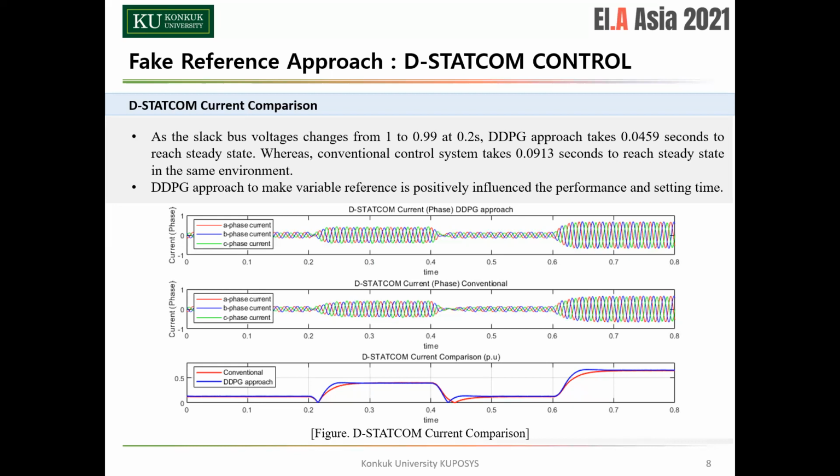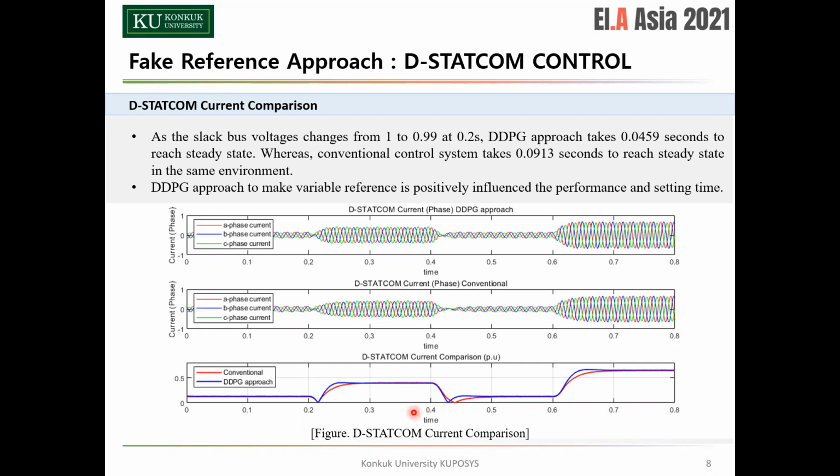This figure shows the current comparison between the DDPG approach and the conventional method. As the slack bus voltage changes from 1 to 0.99 at 0.2 seconds, you can check that the DDPG approach reaches steady state much faster. Other cases act the same as here.